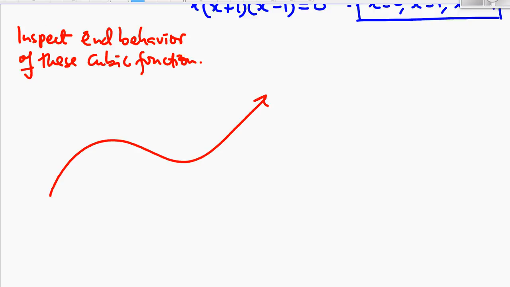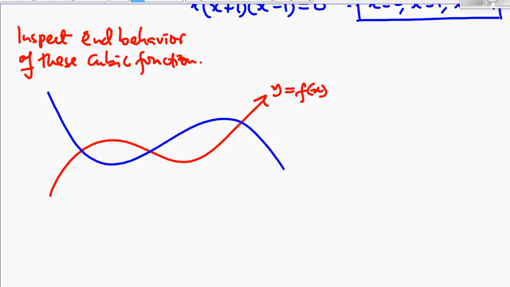So this will be y equals f of x. Now the other one, g of x, with a negative leading coefficient, will be something like that. This is y equals g of x.